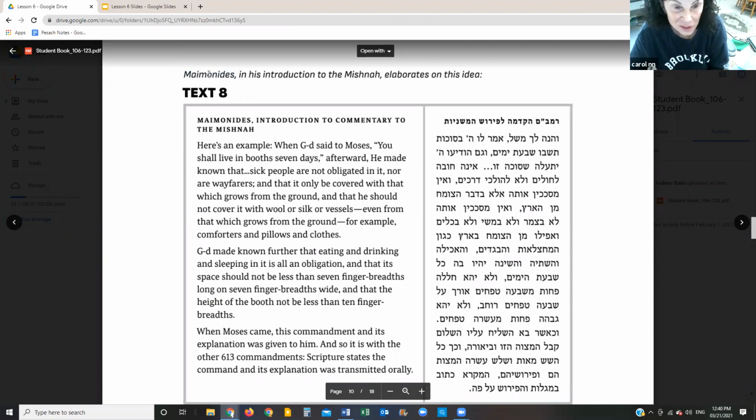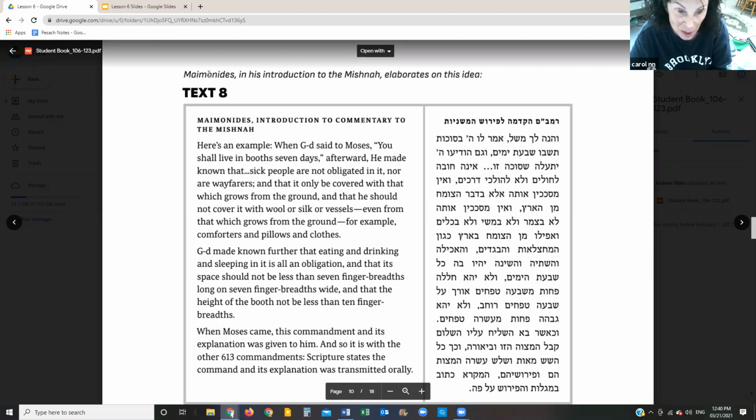Maimonides: Here is an example. When God said to Moses, you shall live in booths 7 days, afterwards, he made known that sick people are not obligated in it, nor are the wayfarers, and that it may only be covered with that which grows from the ground, and that he should not cover it with wool or silk or vessels, even from that which grows from the ground.